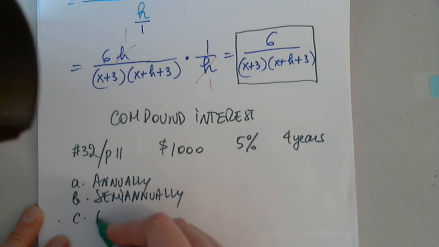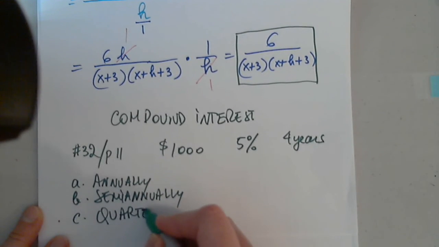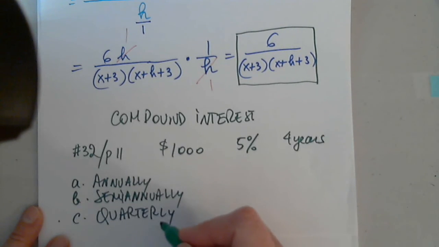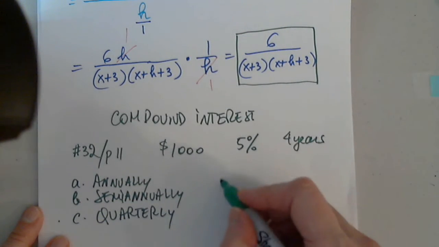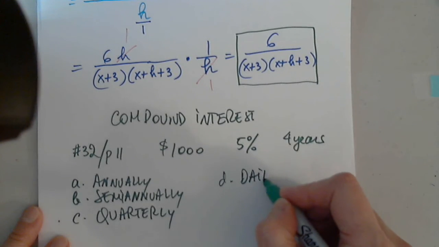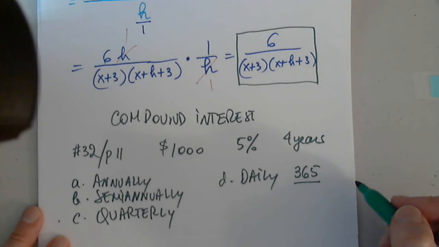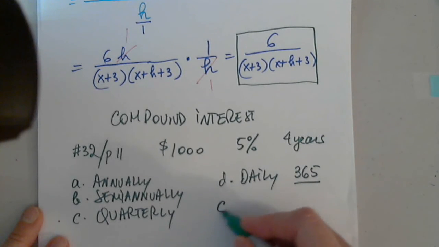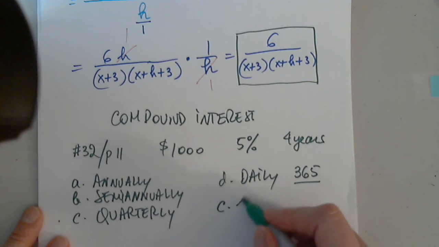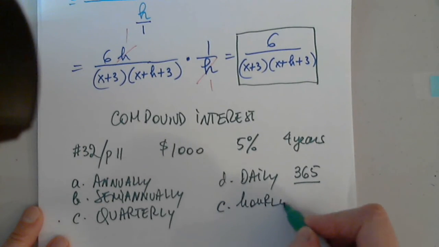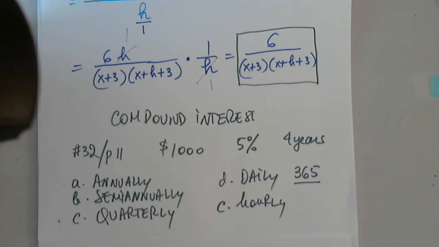Quarterly, C. D, daily. And they're saying to us to use 365 days. And hourly. Okay, so let's take it slowly.